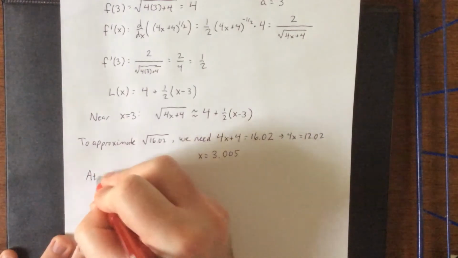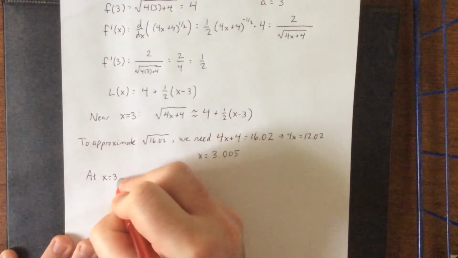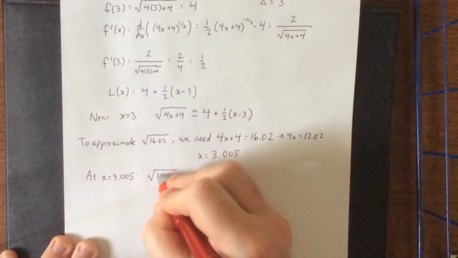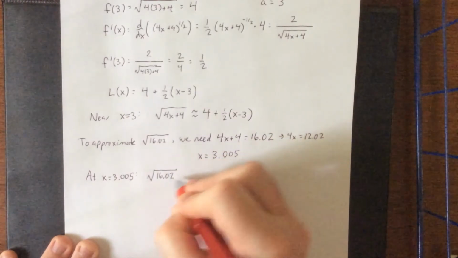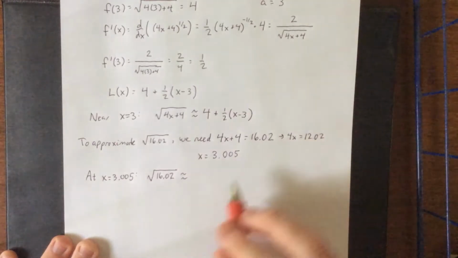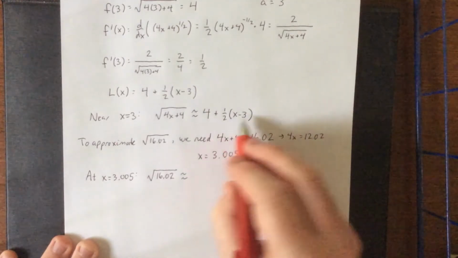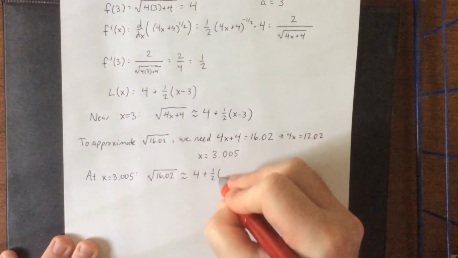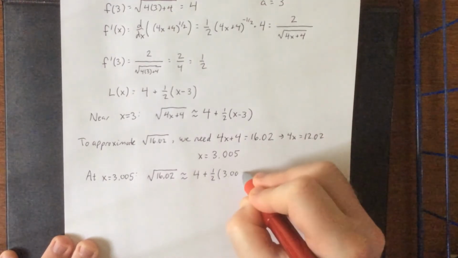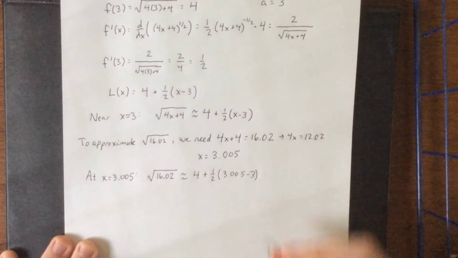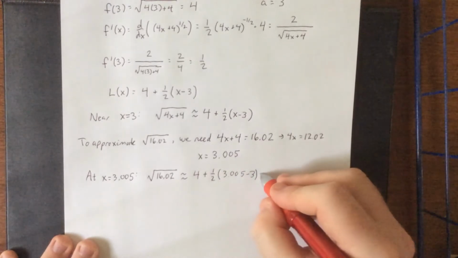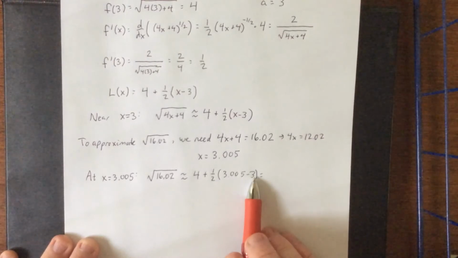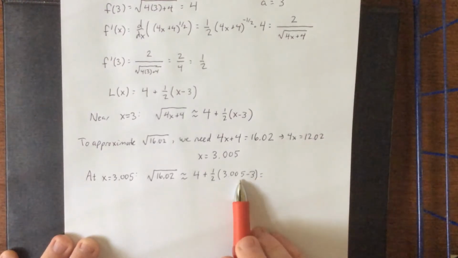We'll say at x equals 3.005, the radical will turn into the square root of 16.02, which is exactly what we just calculated. And the approximation up here will be 4 plus half of 3.005 minus 3. 3.005 minus 3 is going to be 0.005.